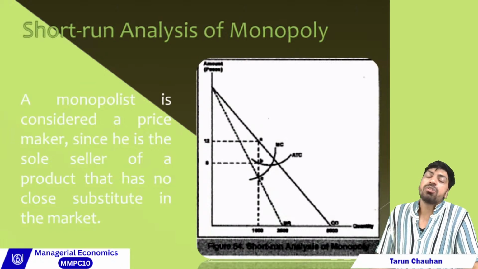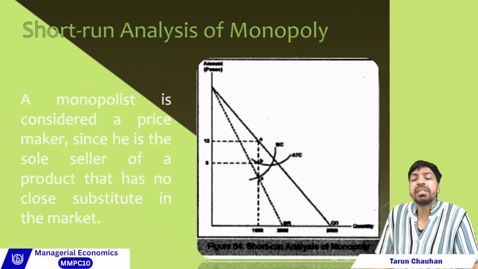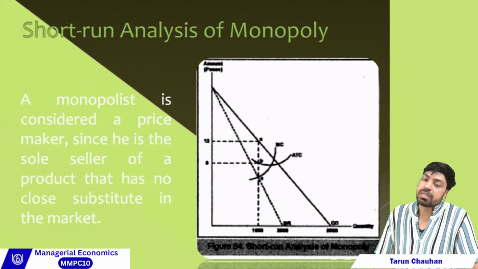When we talk about short run analysis, the quantity demanded would decrease from 8000 to 2000 to 1000.